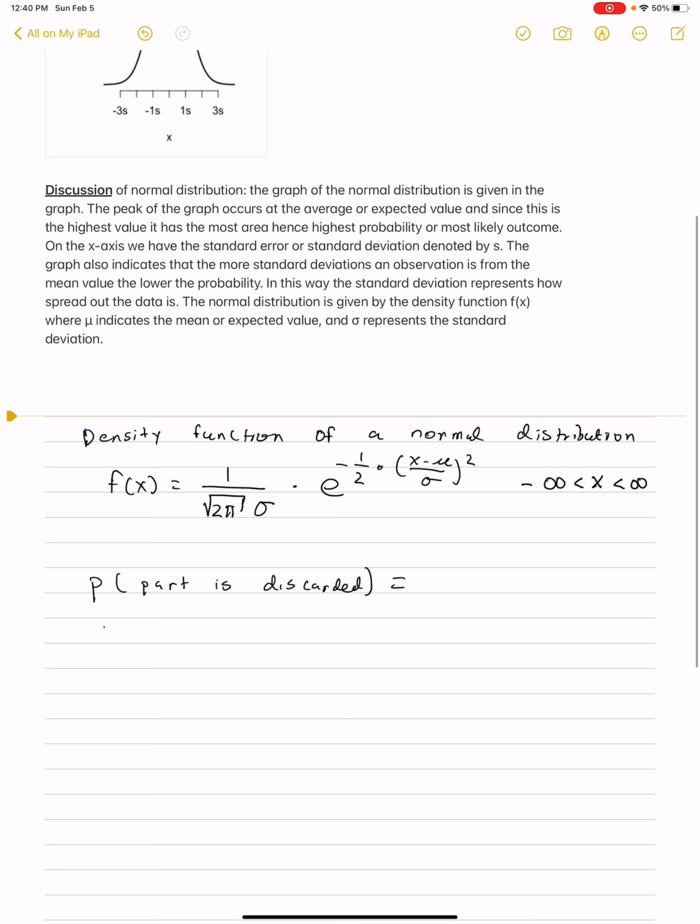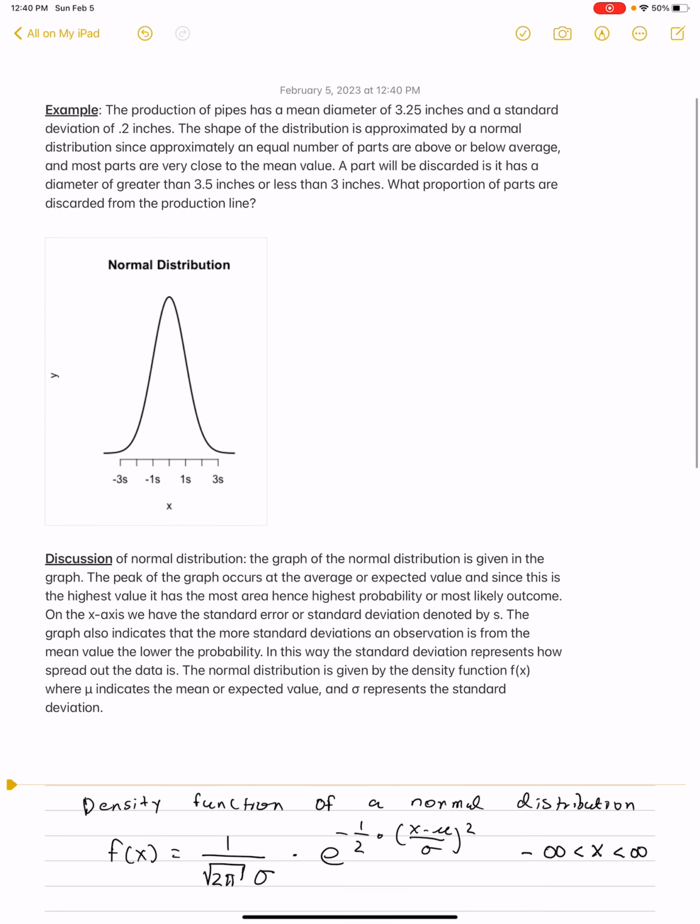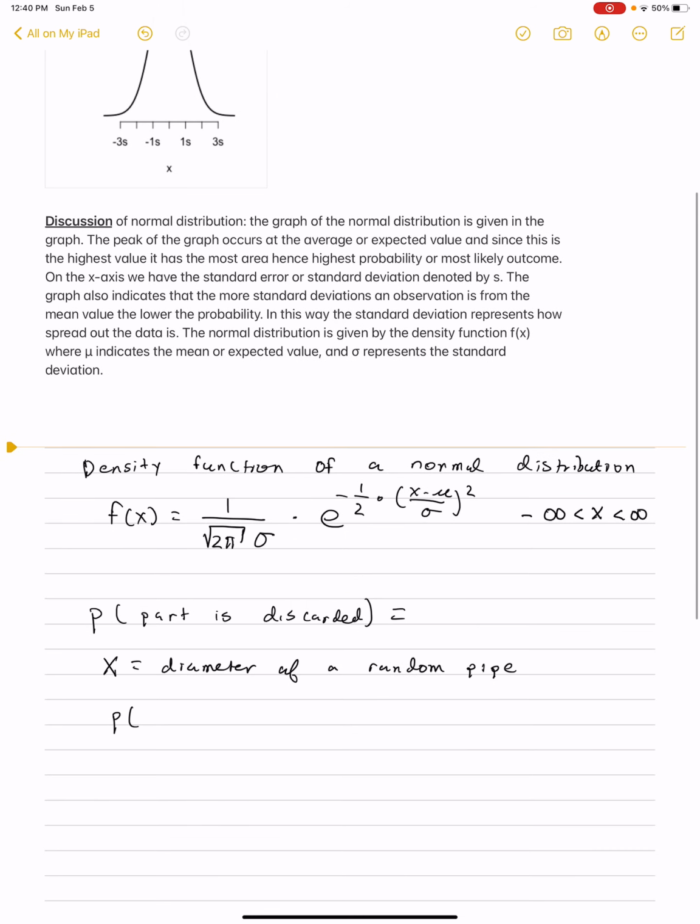If x is the diameter of a random part or random pipe, then this would mean that x, we're told, needs to be greater than 3.5 inches, or x needs to be less than 3 inches.